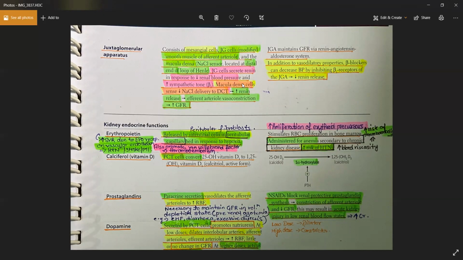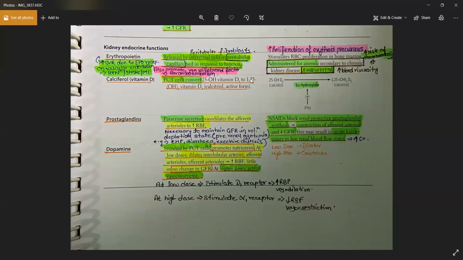So beta blockers can inhibit these JG cells, and as a result, they will decrease the renin. And that's why beta blockers are very good drugs to decrease the BP of the patient, right? Antihypertensive drugs, because they inhibit the renin release.